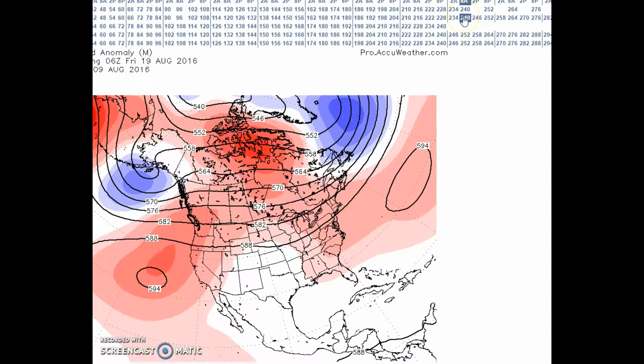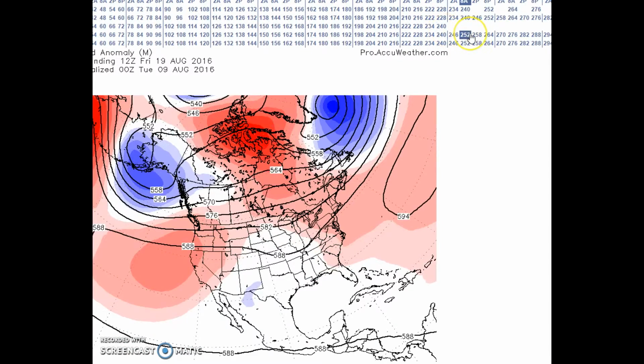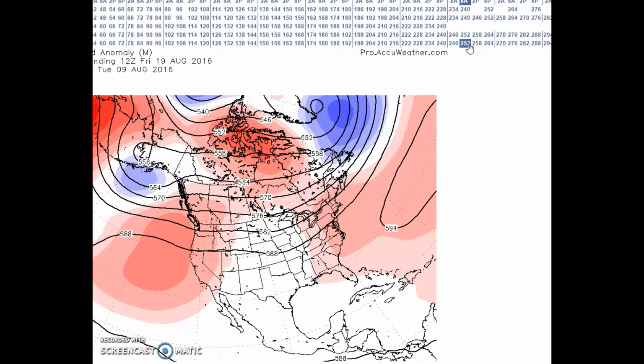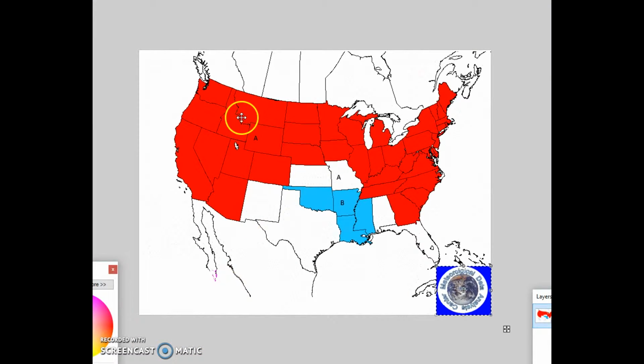Here's GFS ensembles, the European deterministic, European ensembles, and the Canadian, all showing generally the same thing. So during this forecast period, I am forecasting above normal temperatures across a large area of the nation, with anomalies of 2 to 8 degrees above normal, and below normal temperatures forecast for this region, with anomalies of 2 to 4 degrees below normal.